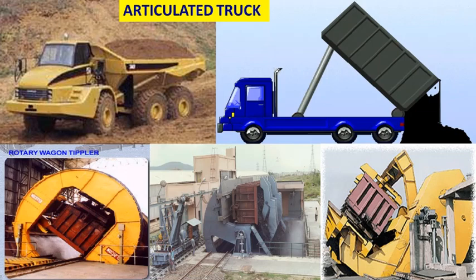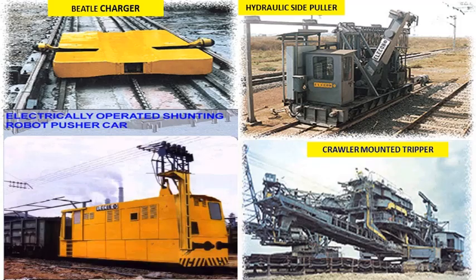Now, after receiving the coal in the coal handling plant by various transport processes, this has to be unloaded. For the rail system, we have unloading systems like wagon triplers, and there are tripler cars for coal coming by road.